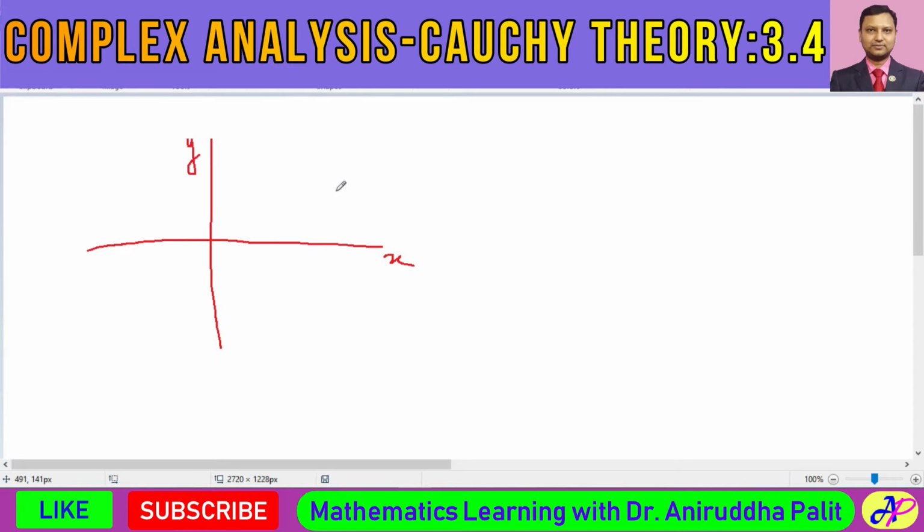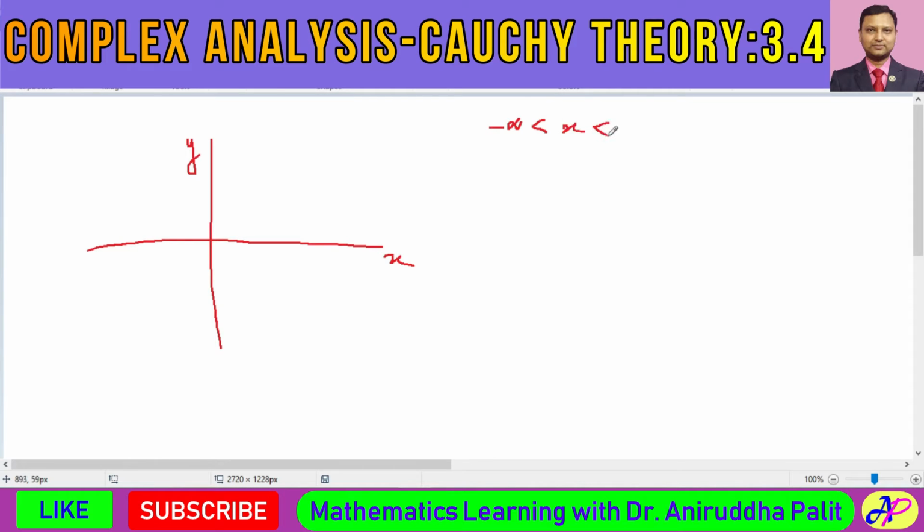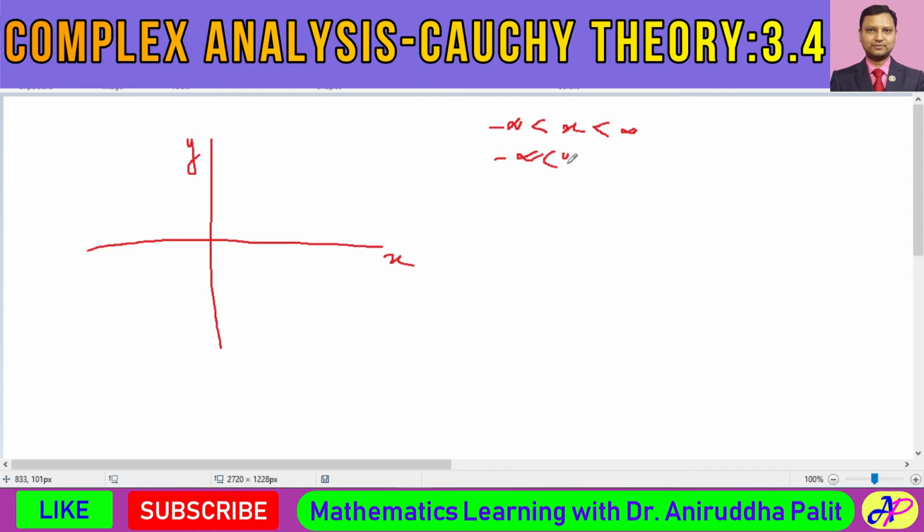Now consider the part of this complex plane, because here x and y are infinitely extended. In general, x should vary from minus infinity to infinity. Similarly, y should also vary from minus infinity to infinity.